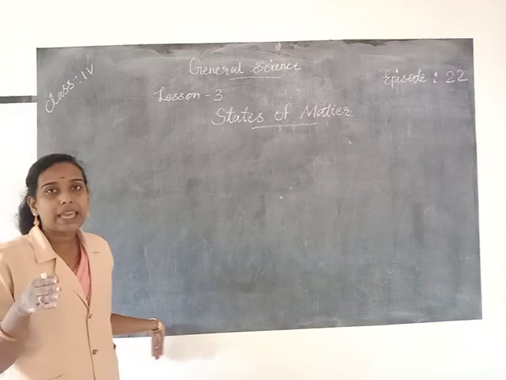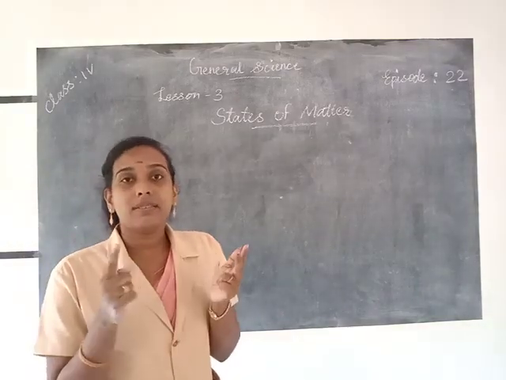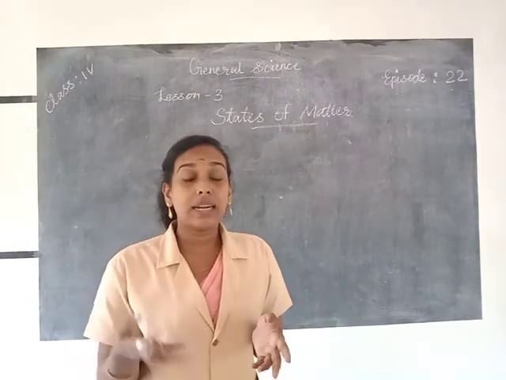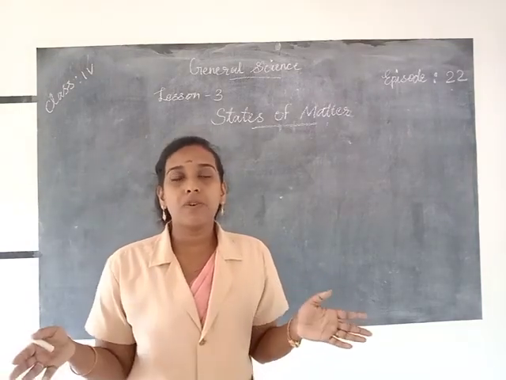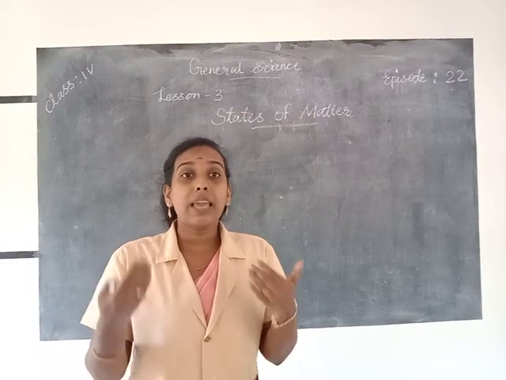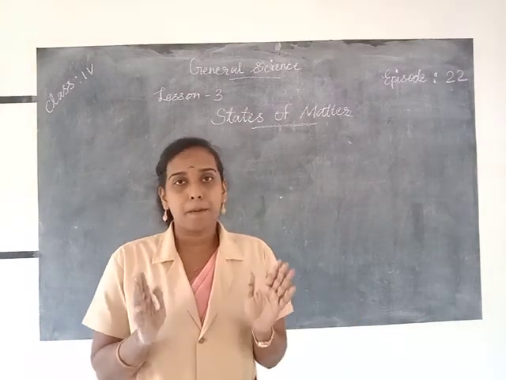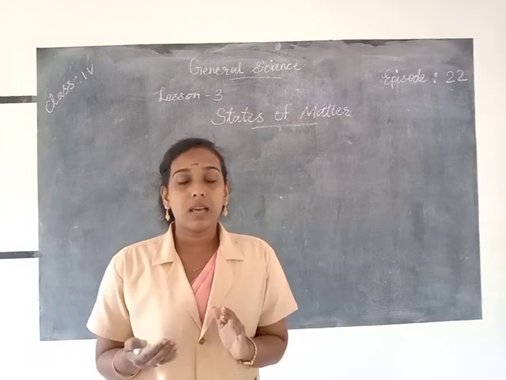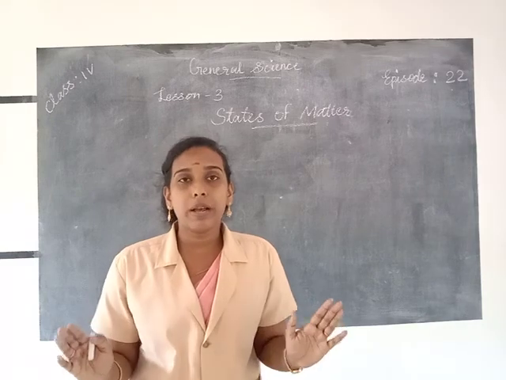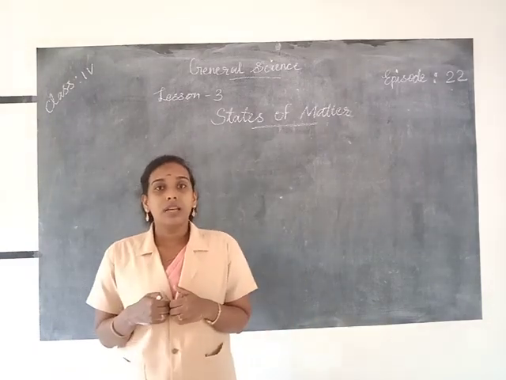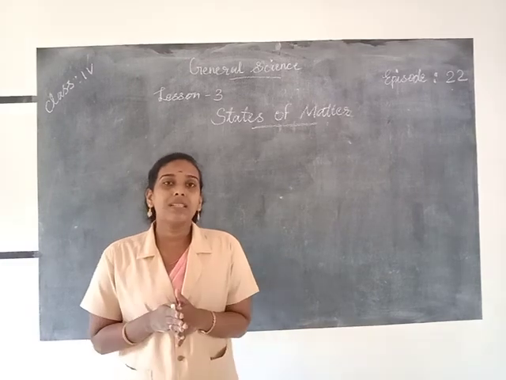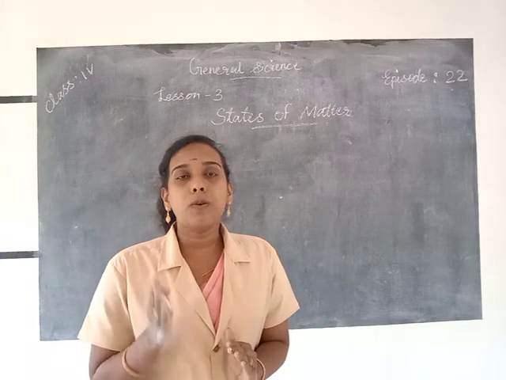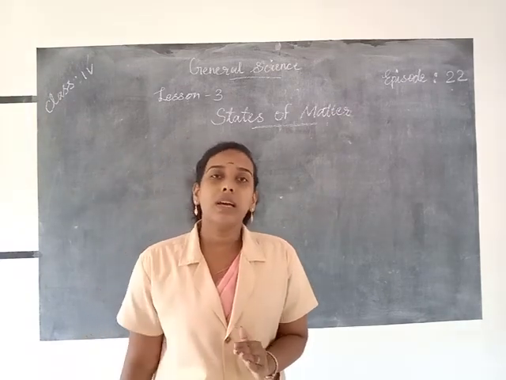Non-living things like rock, chair, table, dustbin, blackboard, and duster are made up of matter because they occupy space and have mass. And all living things like animals and the human body are also made up of matter because they also have weight and occupy space.